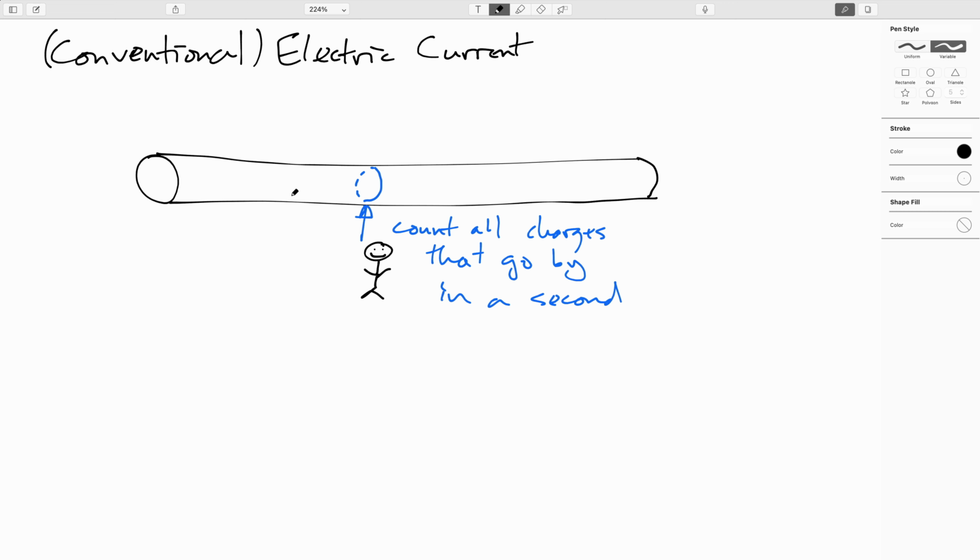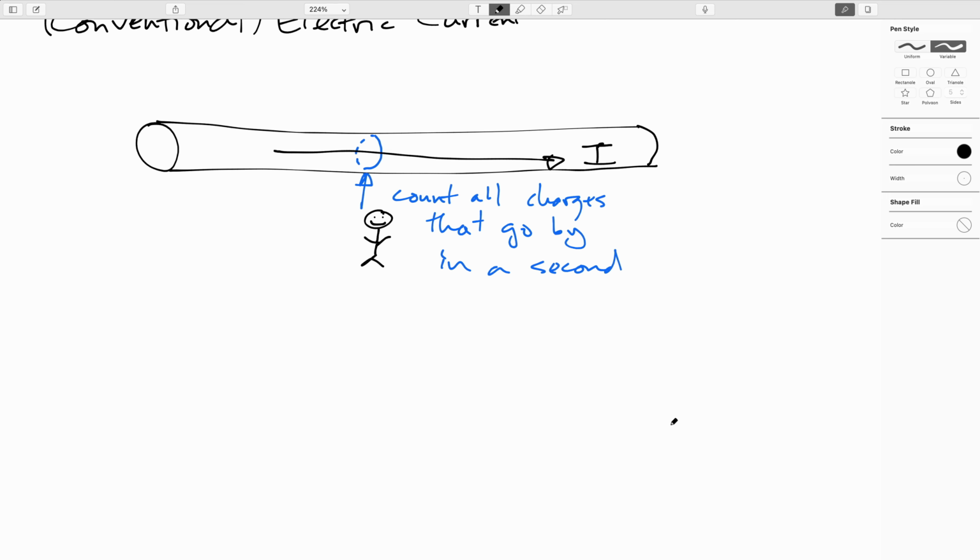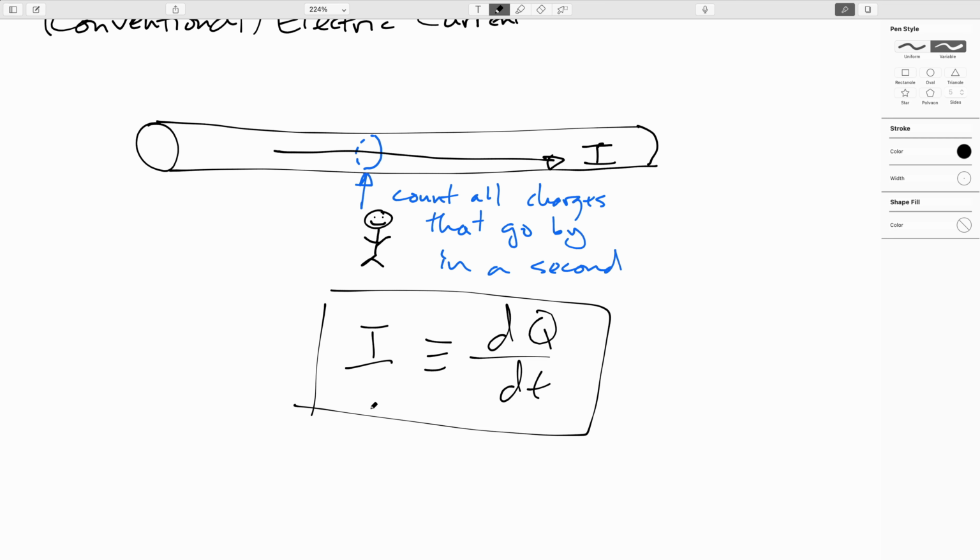So what we do is we define the conventional current, and the usual symbol for that is a capital I. And it's just defined as the rate at which charge goes past some location every second. So we define the conventional current to be this time rate of charge.